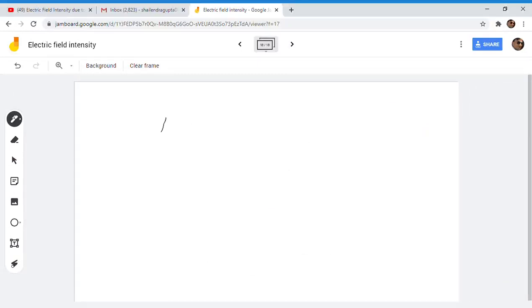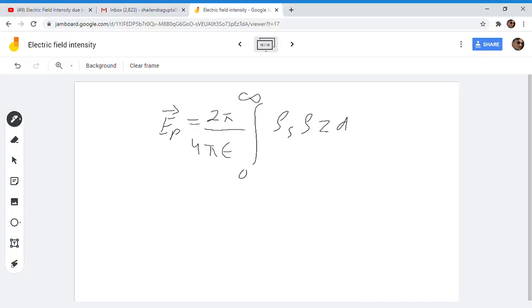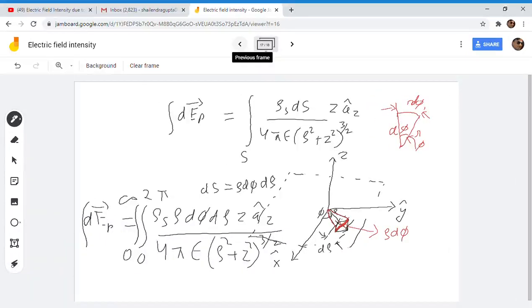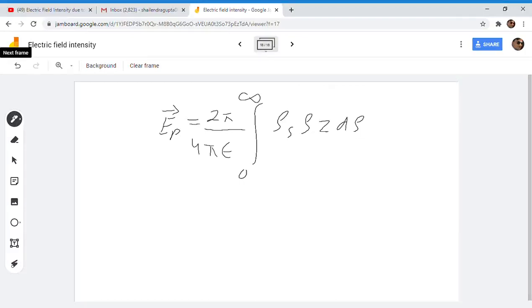We can write the electric field at point P: d phi is integrated to 2 pi, and we can take the 4 pi epsilon out of the integral. The remaining part will be rho s, z, rho d rho, in the az direction, over rho square plus z square to the power 3 by 2. This is a very simple integration.